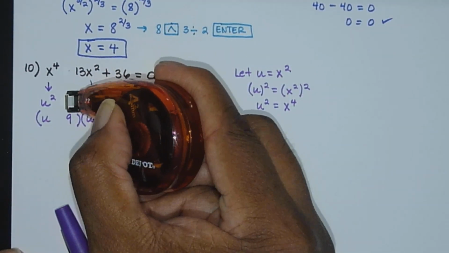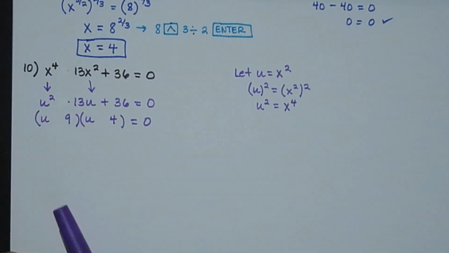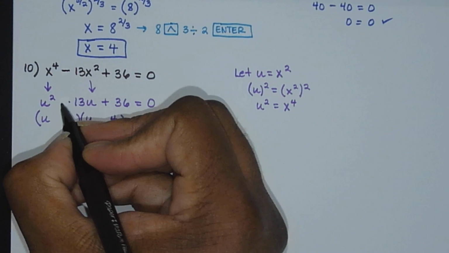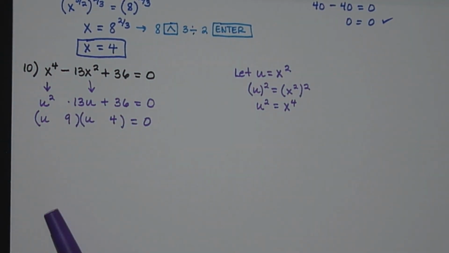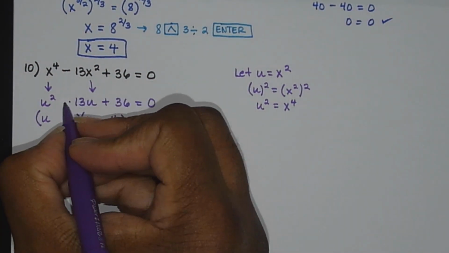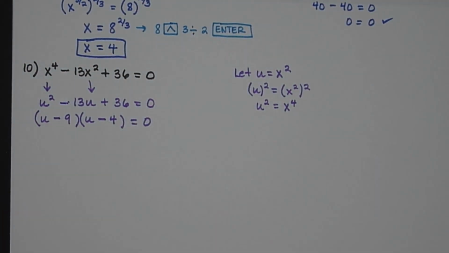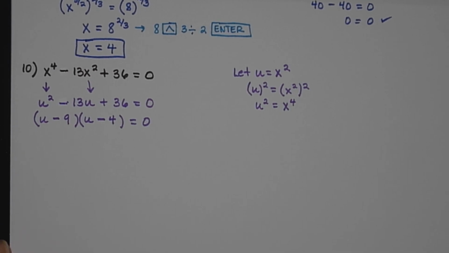Because we're going to have some problems here if it doesn't come out right. That should be a minus sign. And they both have to be minus. So u minus 9 times u minus 4 is equal to 0. Yeah, it's supposed to be minus 13x squared.